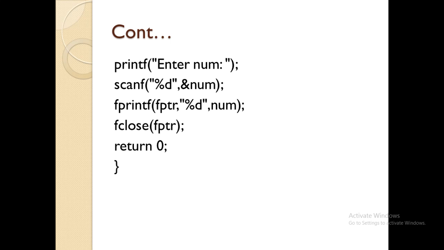Once we have taken the number from the user, we are writing that number into the file using the fprintf function, which takes the pointer followed by the number which you want to write to that particular file. Once the write operation has been performed, we are closing the file pointer using the fclose function.